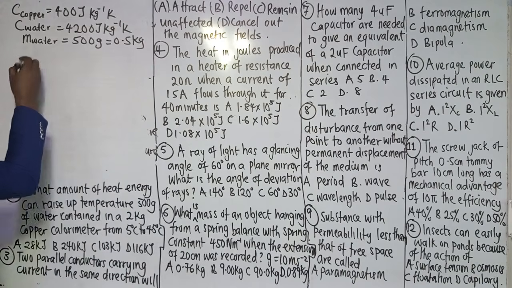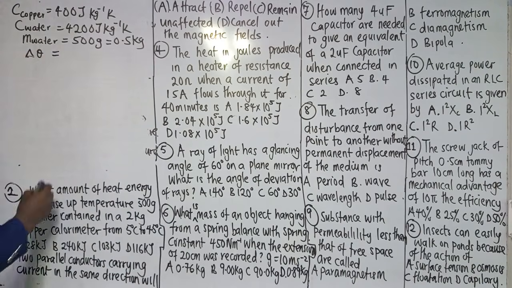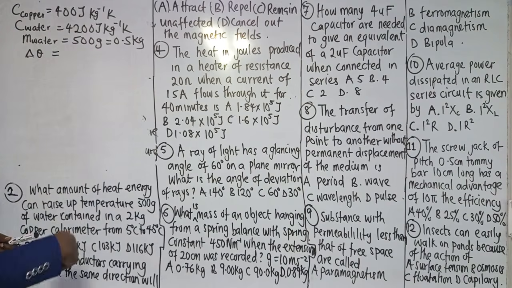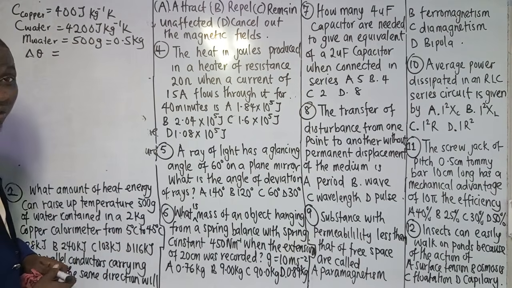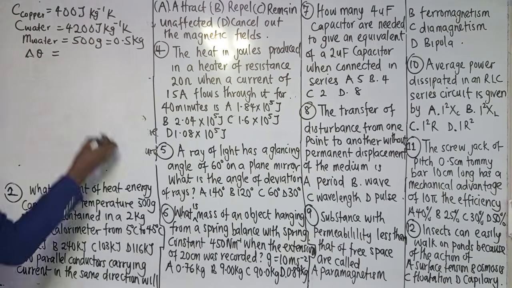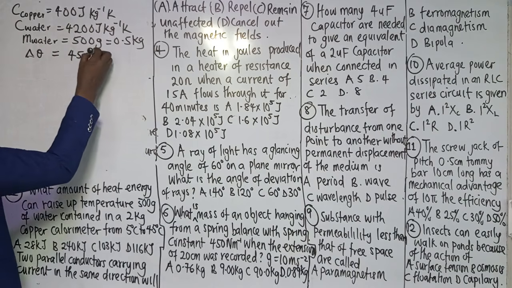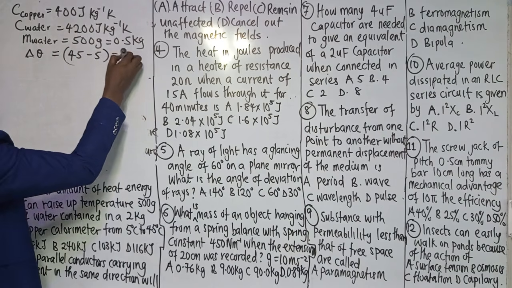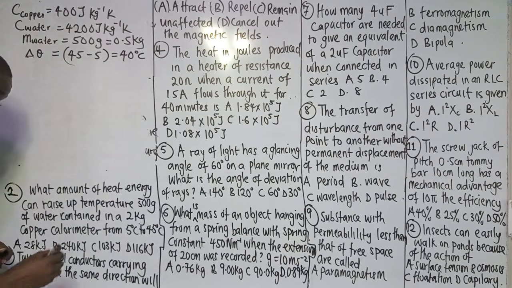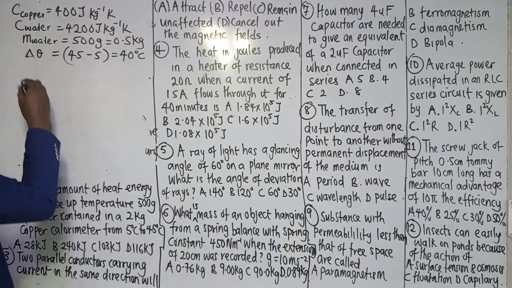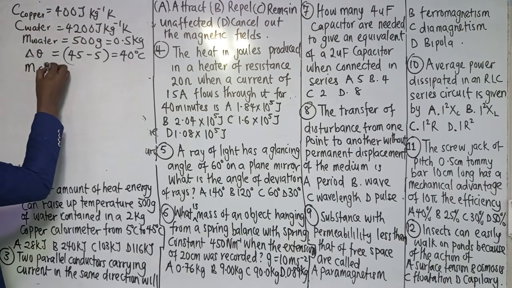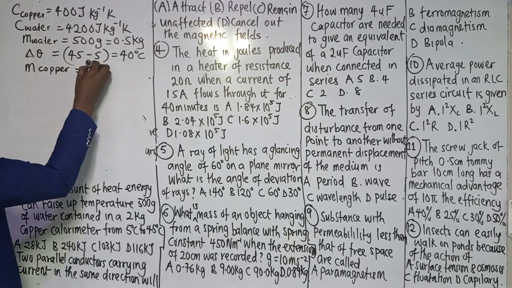Therefore, we are given the change in temperature that will be experienced. Don't forget, since the water is inside the copper calorimeter, any change that the water experiences the container will also experience. And that is 45 minus 5, which is 40 degrees Celsius. Now, what else do we need? Okay, they give us the mass of copper, which is 2 kg.